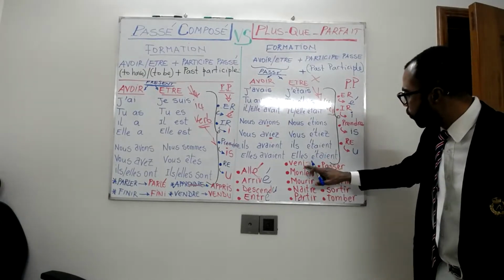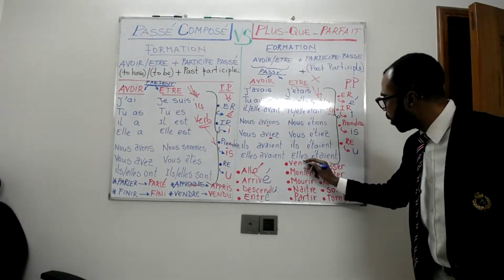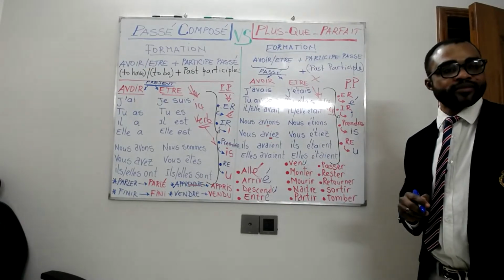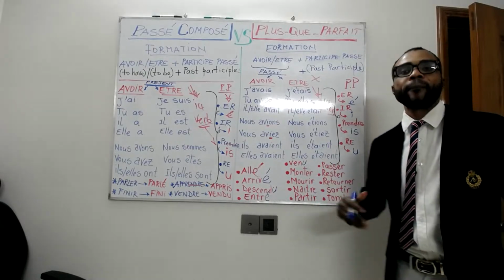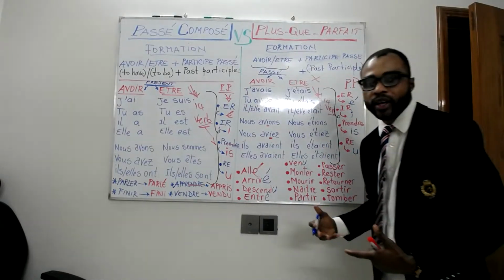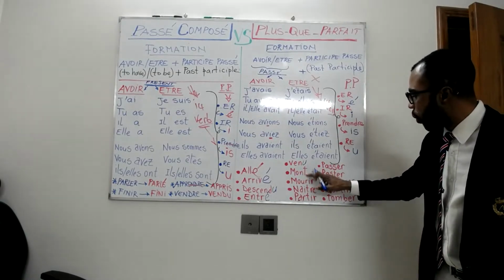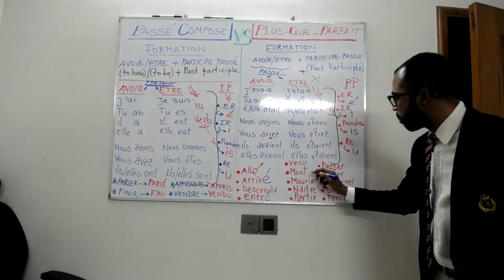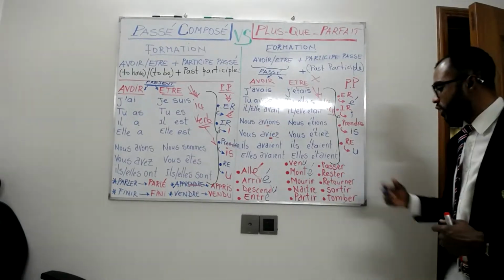We remove IR and it becomes venu. C'est bon? So venir becomes venu because these verbs are irregular, so they keep changing themselves. All right? Monter, with ER, it will also be the same. So mostly the ER verbs remain unchanged.